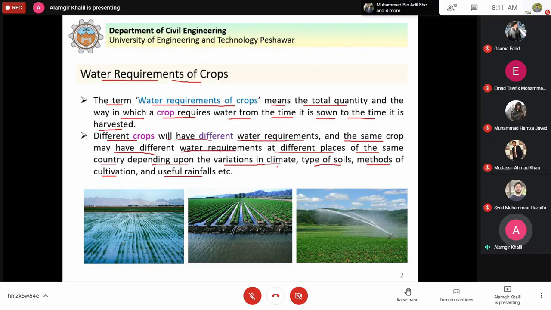So different crops require different amounts of water for their growth, but the same crop may require different amounts of water at different locations of the same country, depending upon the climate, the type of soil, and methods of cultivation.